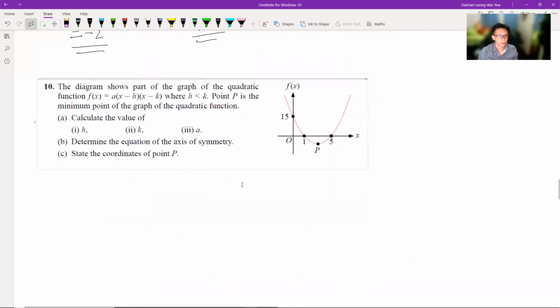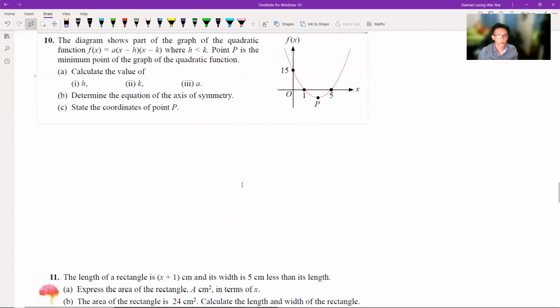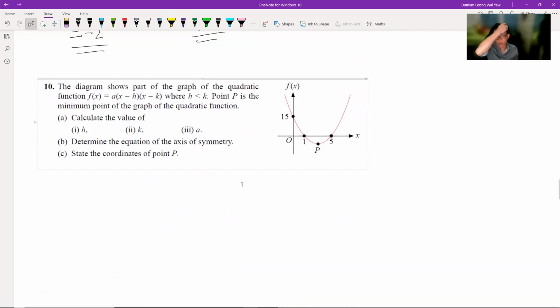Question 10. Diagram shows part of a graph of a quadratic function f(x) equals a(x minus h)(x minus k), where h is less than k. The roots are when your f(x) is 0.